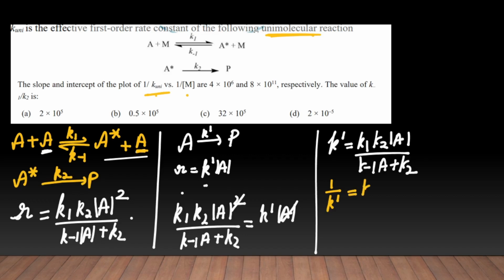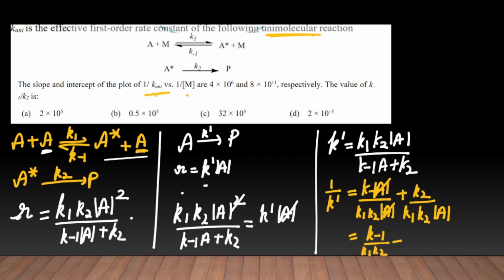So this becomes K inverse of A plus K2, times K1 into K2 into A. You see this A and A get cancelled out. It will be equal to K inverse upon K1 into K2, plus, where K2 and K2 get cancelled out, 1 by K1 times A. This is equal to 1 by K dash.